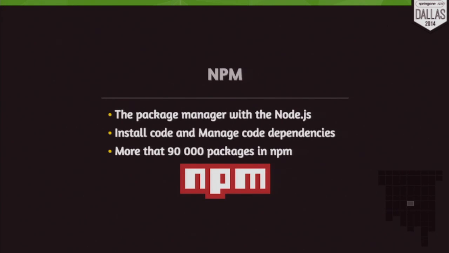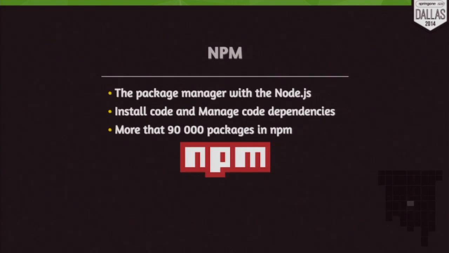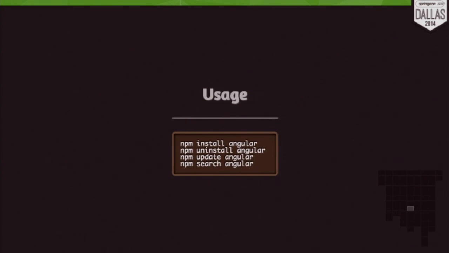And they are providing a lot of tools. So NPM will allow you to install those packages and manage them. So you can search on them. A simple way of installing, for example, Angular, you do an npm install angular, and you have the package Angular available. You can uninstall it, you can update it, and you can search, if you want, on your command line for different things.